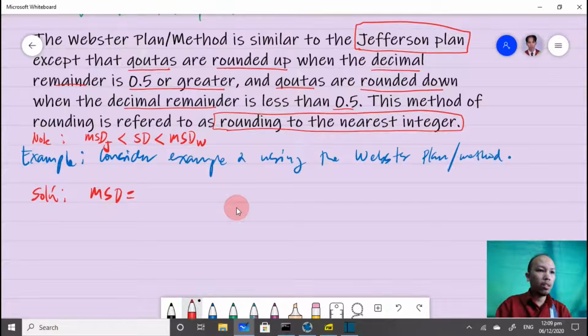So recall, let's write it here, the standard divisor is 444.44.